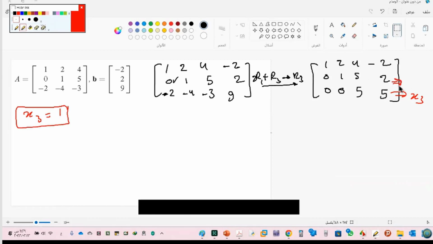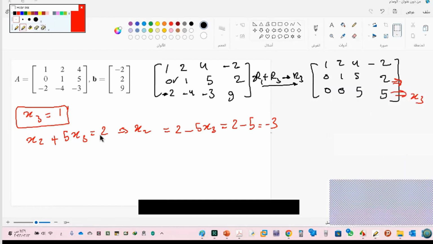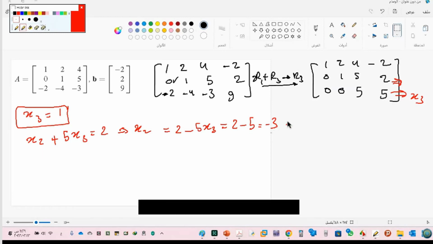So x2 plus 5x3 equals 5. That means x2 equals 5 minus 5x3, which equals 5 minus 5, equals 0. Correct? Is it correct?